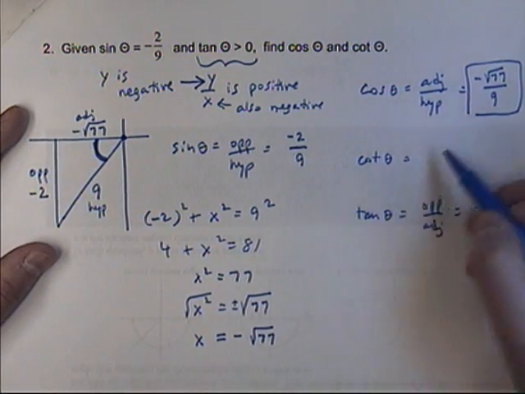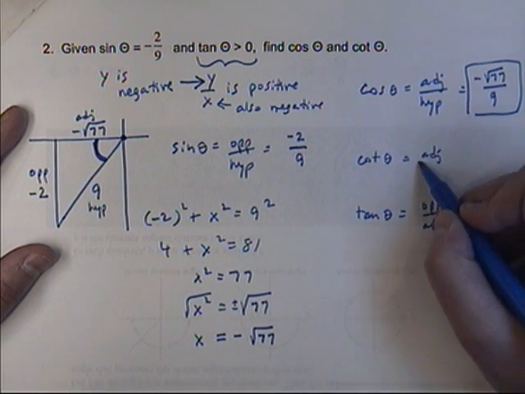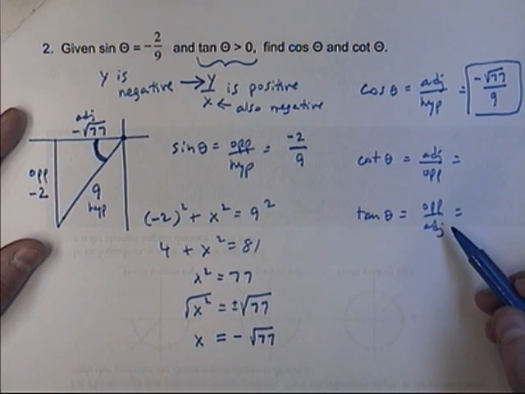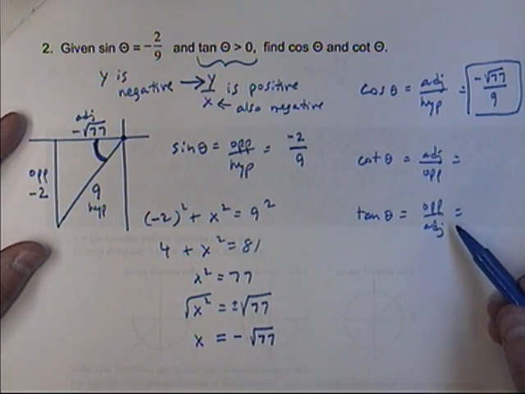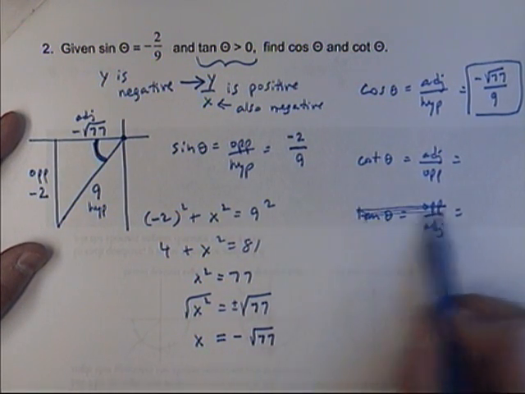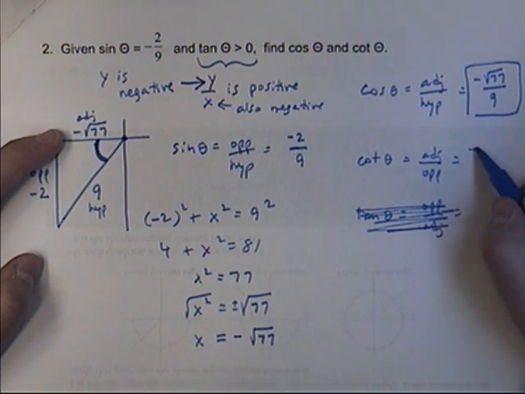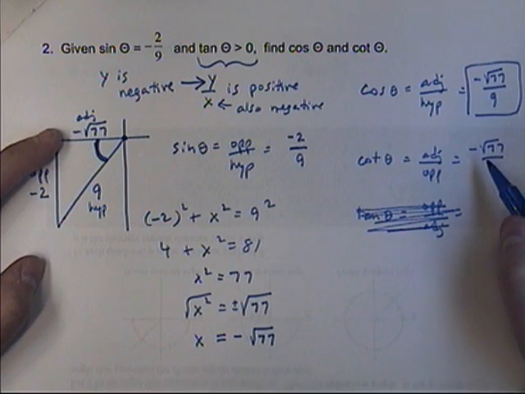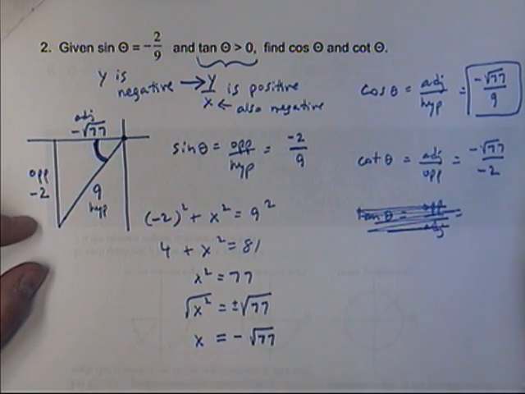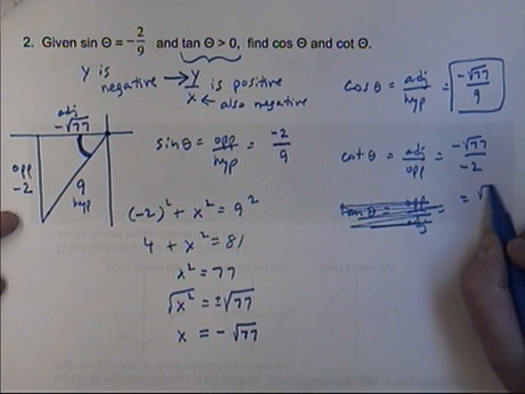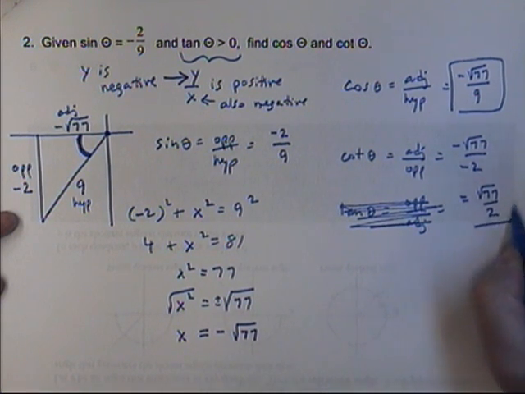Or you could define cotangent as adjacent over opposite. So, well, what's the fastest way to do this? Adjacent over opposite, that's probably the fastest, so we don't really need tangent. We can just go to this one. Cotangent is adjacent, negative root 77, over opposite, which is negative 2. And so the only thing we really have to do is cancel the negative signs, so we get positive root 77 over 2.